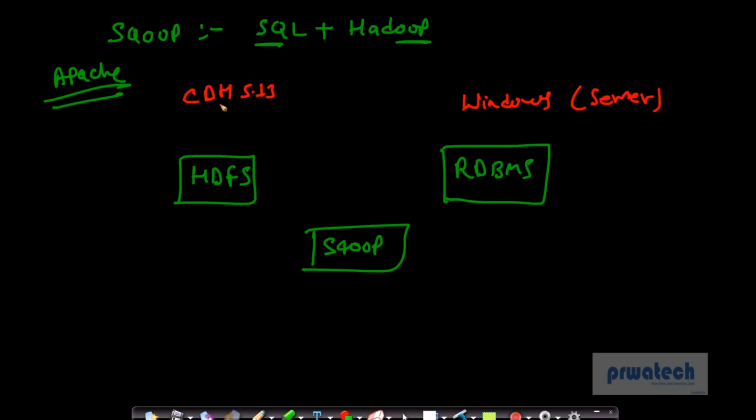This is a package, and it is installed on an OS called CentOS, and this is 6.4. Sqoop is also installed on the same machine where I have my Cloudera and HDFS available. So let me write, this is also CDH 5.13 and CentOS 6.4. Can I call this a different server?